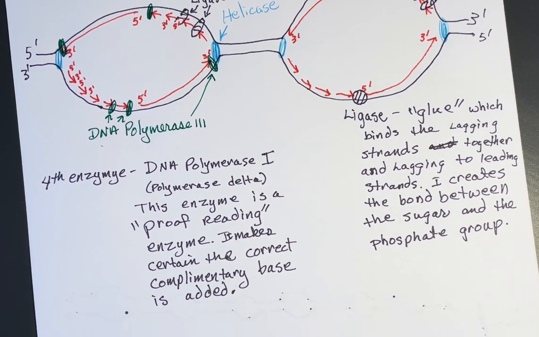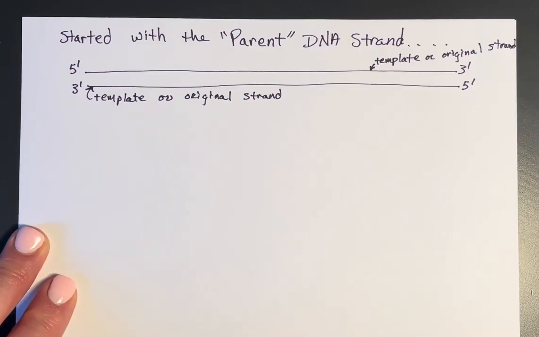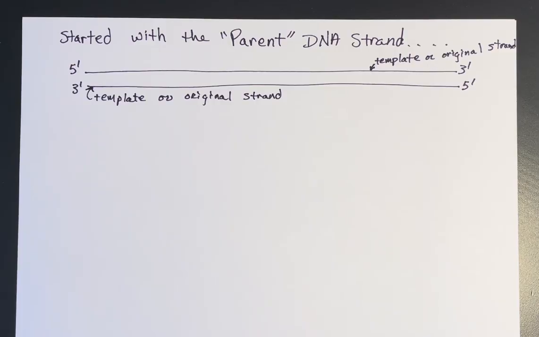All right, so now I'm going to basically show the 2 new strands. Okay, so we started with the parent DNA strand, and it's time for the cell to replicate.